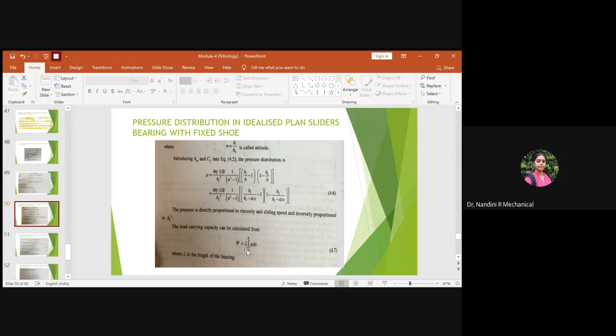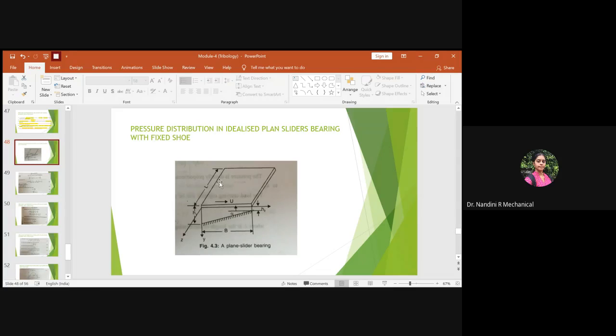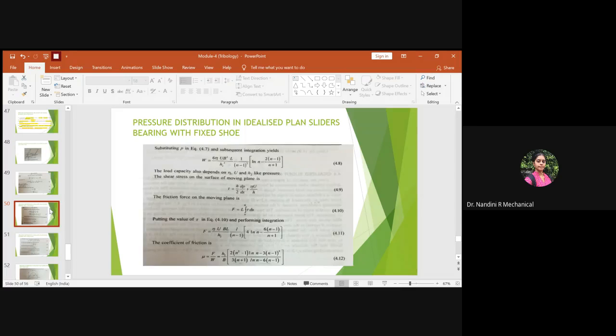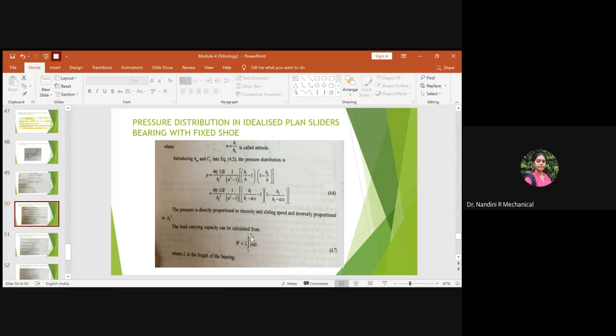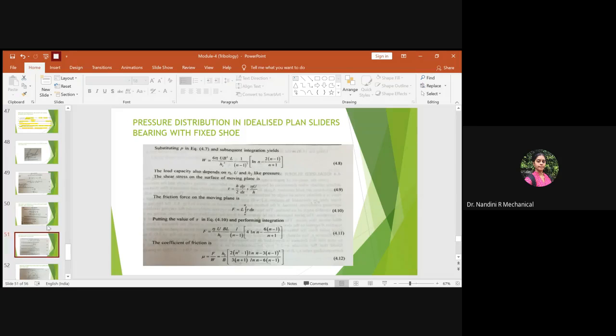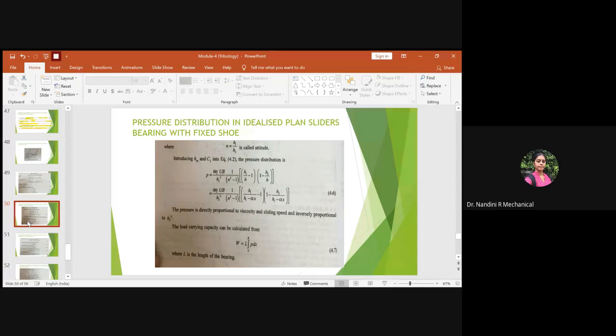So wherein L is the length of the bearing as discussed earlier, which will be constant, and hence it is taken out before the integration factor, right? So now what we do is we have the equation for W is equal to L integral of P into dx.